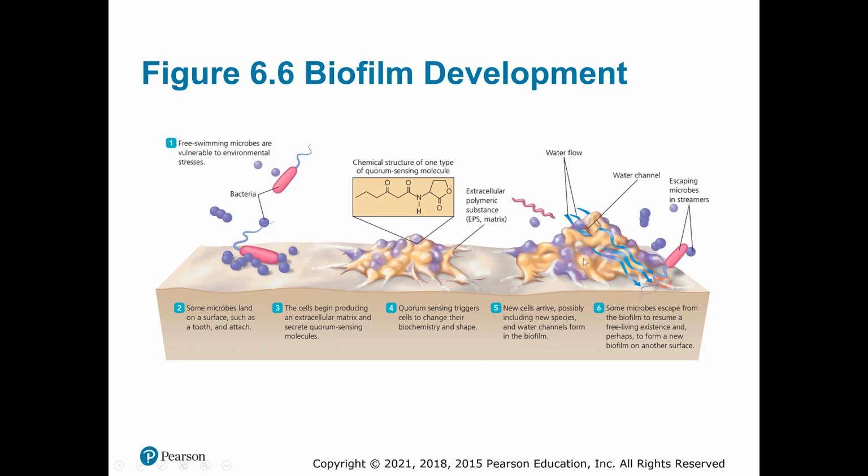And so more and more cells build up and join that biofilm, and it's almost as if this whole tissue now has taken on its own properties that are different from the individual cells alone. Some microbes will leave the biofilm, some will not. So that's, I think, probably the last time we will talk about biofilms in this class. But that's a very simplistic way of how it works.